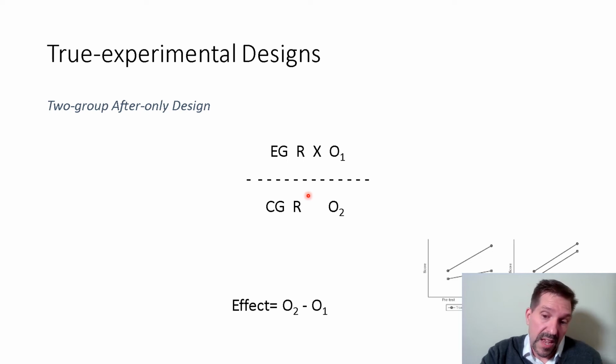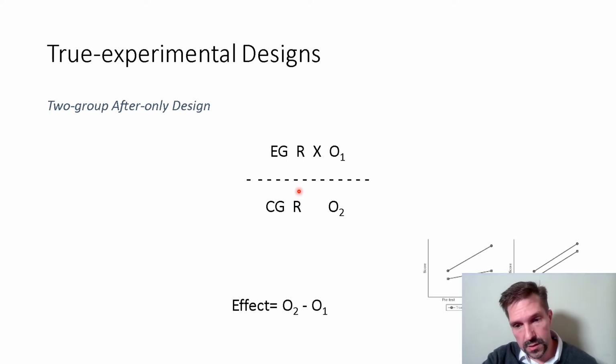This can, in a case of two groups, be simply assigning people by flipping a coin. Of course, you can do this ahead of time using some random number generator, which I'm not going to explain in class, but if you're interested, let me know. I will be happy to go over it with you. Okay, so we do that to minimize the chances of a difference being explained by our assignment.